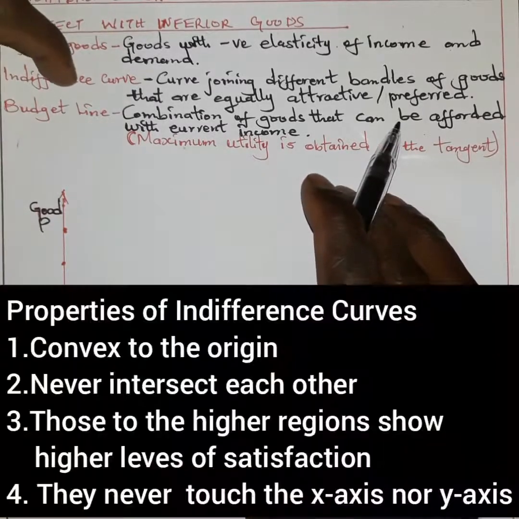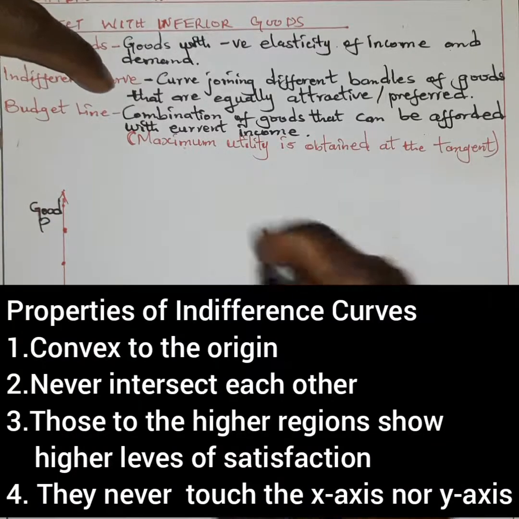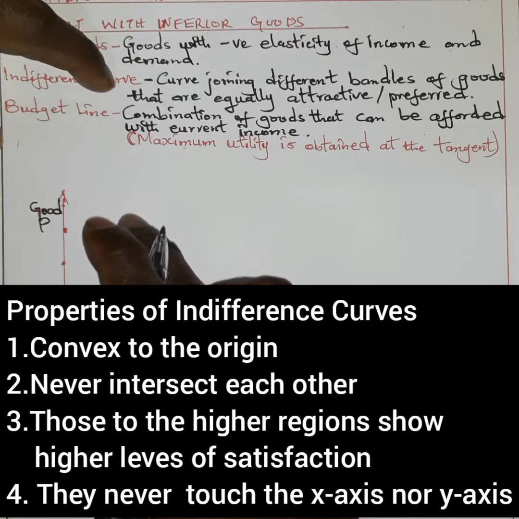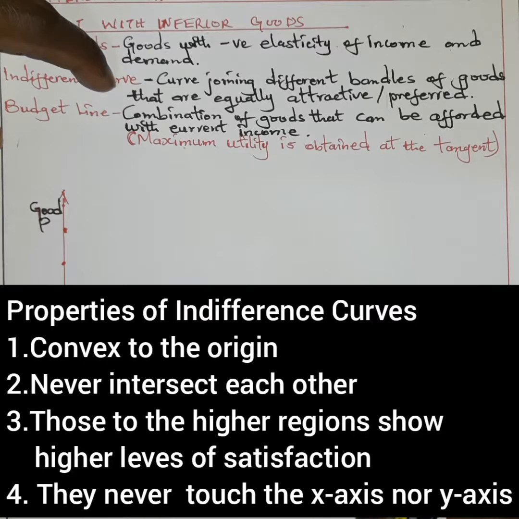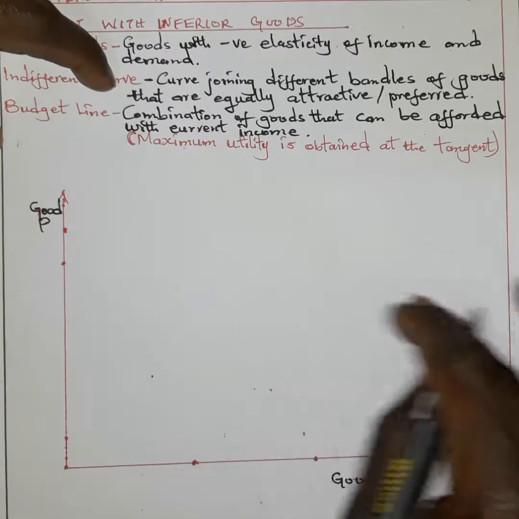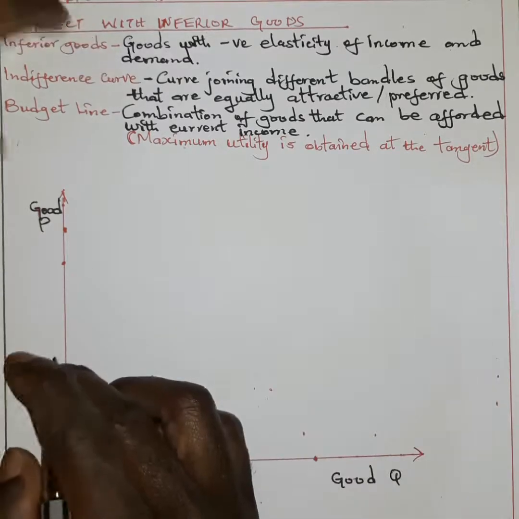One of the properties of indifference curves is that they are normally convex to the origin, sloping downwards. We are going to draw and see how they look. And again, they never cross each other. That is another property, and as we draw, we are going to see it.